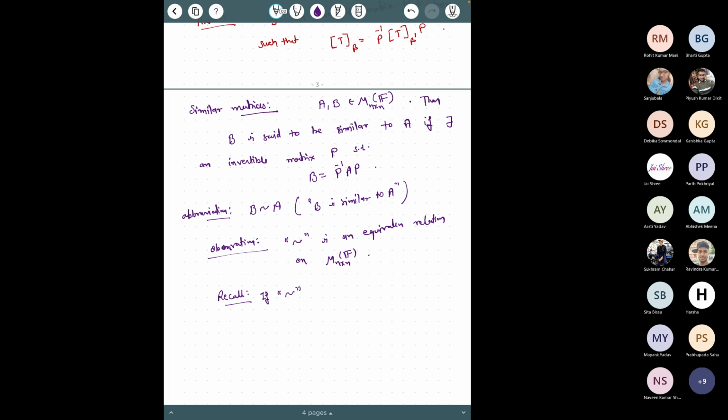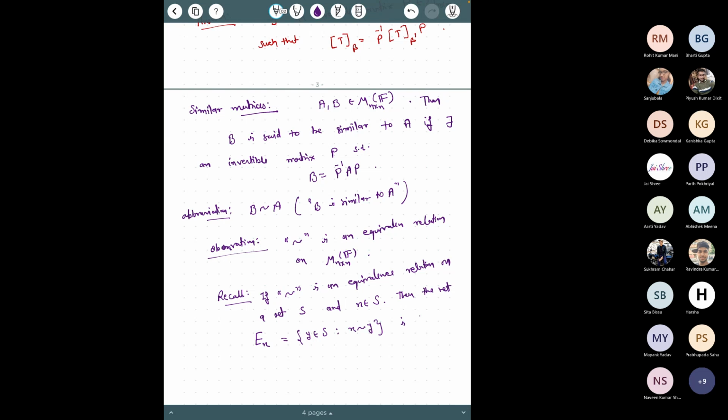If this is an equivalence relation on a set S, and X is any element of S, then the set E subscript X is the collection of all elements in S which are related to X via this relation.